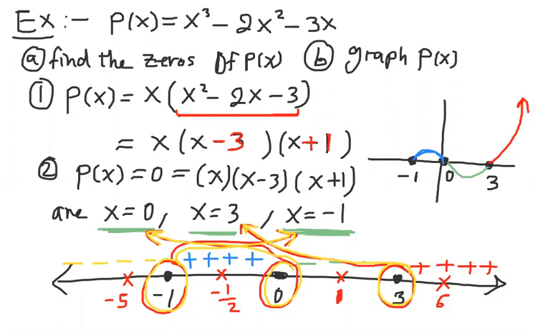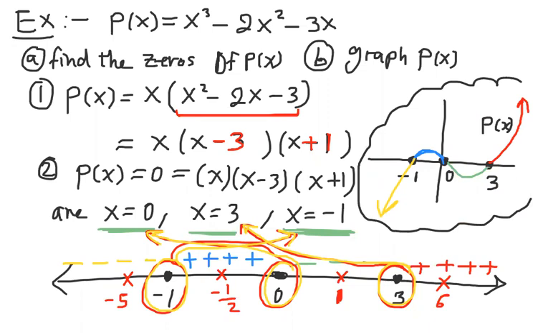And less than -1 is negative, so down. This is the graph for the polynomial function b of x. The important thing is you have to show the zeros on the graph: 3, 0, and -1. Any question?